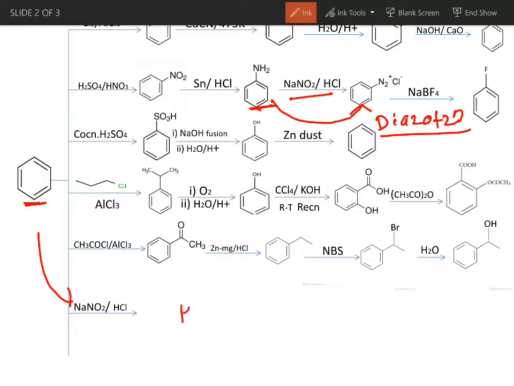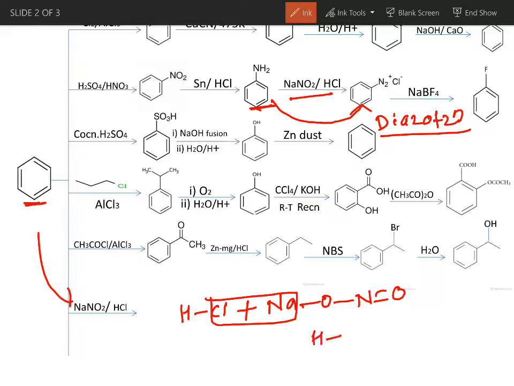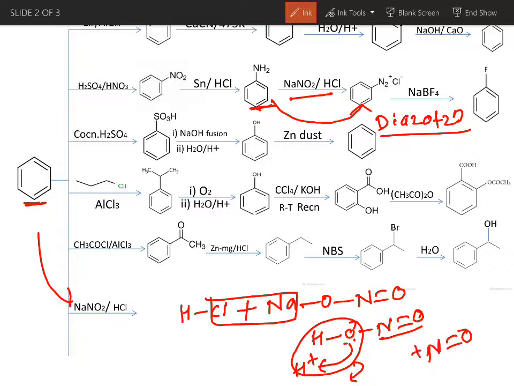Now in this case, benzene is directly reacting with NaNO2 and HCl. Here first HCl and NaNO2 react together. NaCl will get eliminated and forms HNO2. Since the reaction is still in acidic medium, a lone pair of this oxygen abstracts H+ from HCl and eliminates as water, leaving behind N double bond O with positive charge.